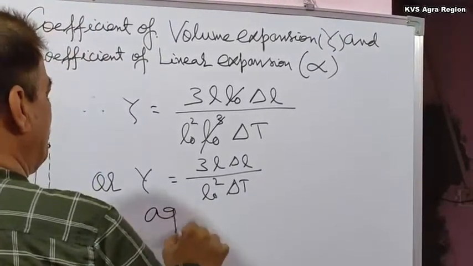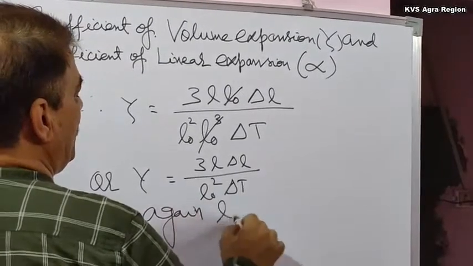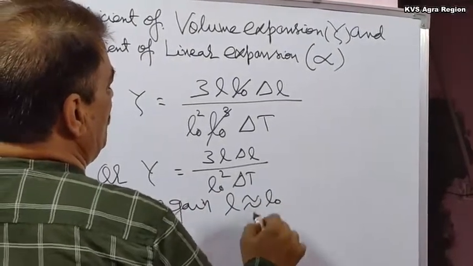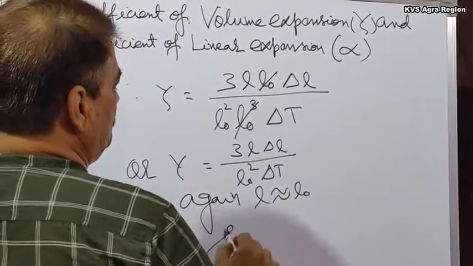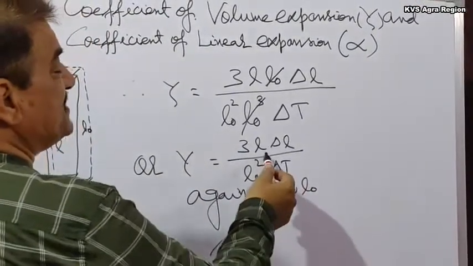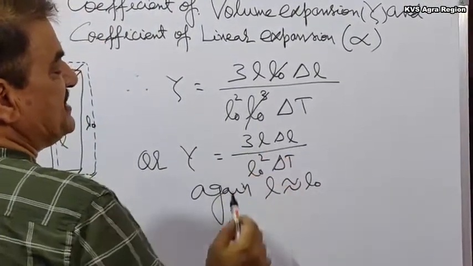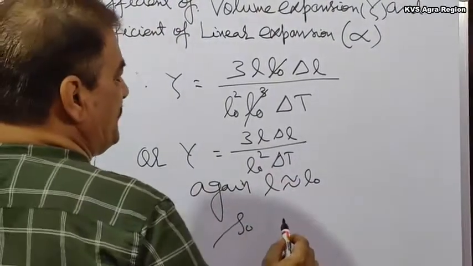Now again, L is nearly equivalent to L naught, so this L will again cancel one power of L naught square.